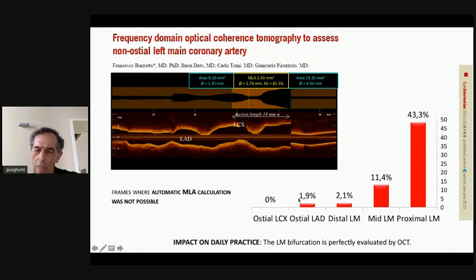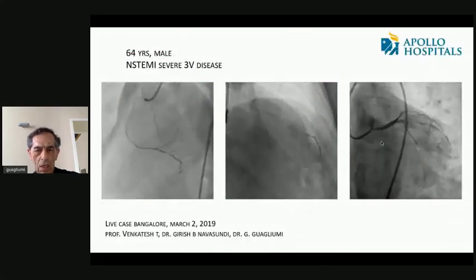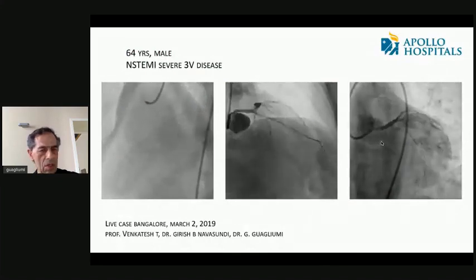The more you are leaving the ostial position, the more the level of reliable measurements is dramatically increasing. So you can get the best in assessing the body and the distal part of the left main. Is this concept always tenable?